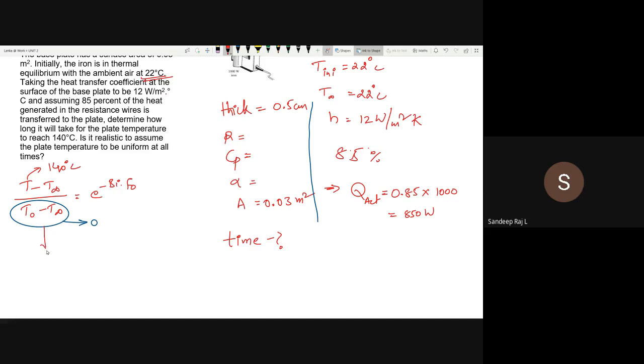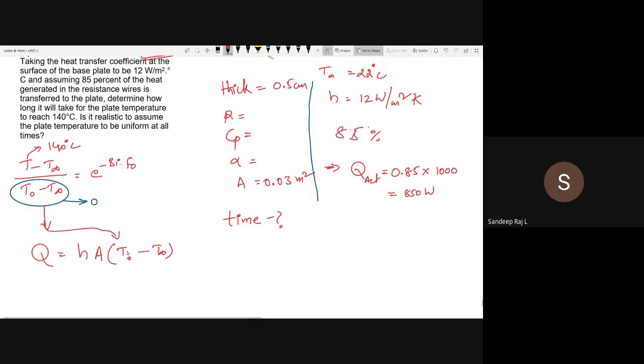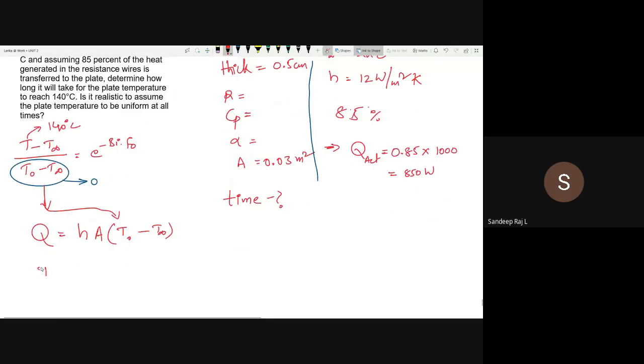So for getting this expression, how do you go about it? This is actually Q is equal to HA (T minus T infinity). This expression is nothing but this expression. So what I can write is T naught minus T infinity is actually Q by HA.